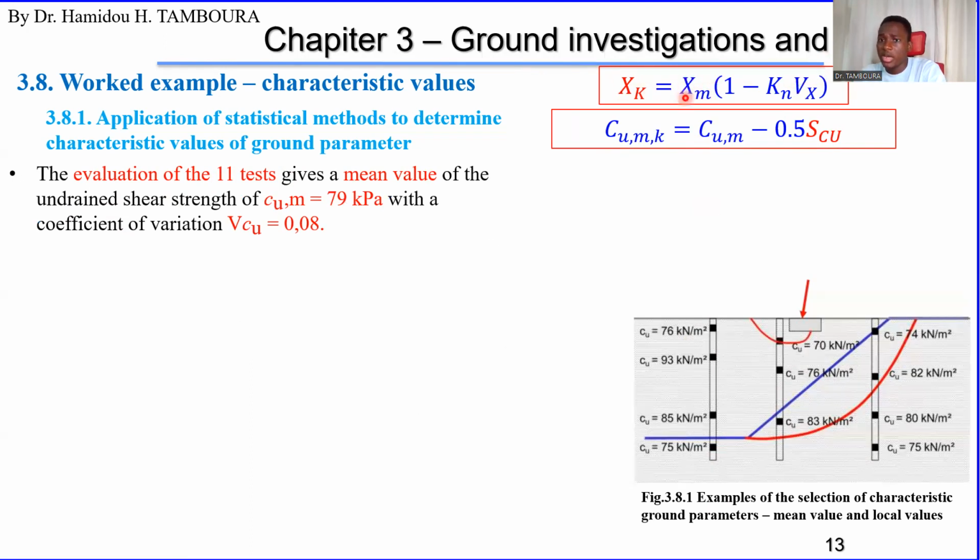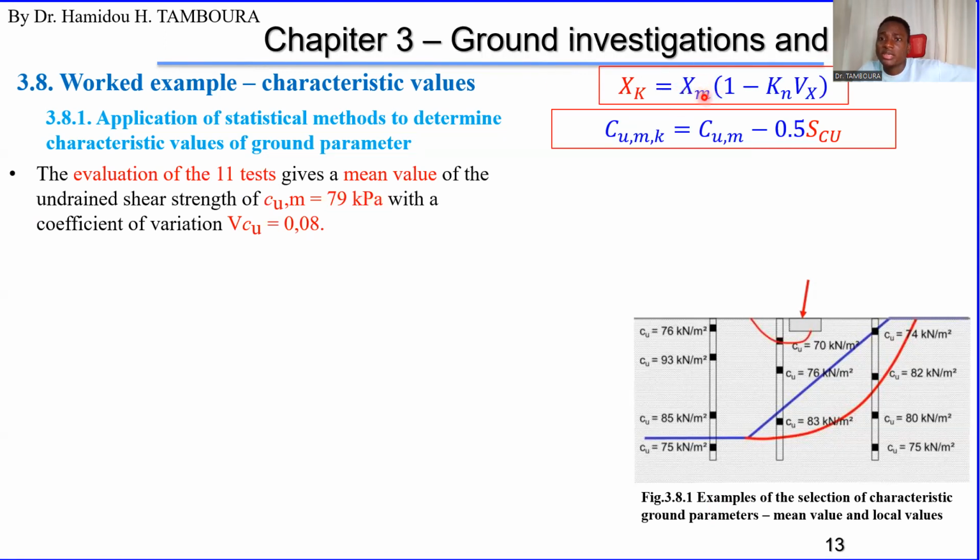We need the average, the mean value. Okay. So if you add all the 11 values here in total and you divide by 11, you will have the mean value, which will be 79 kPa. So it means the average undrained shear strength CU, CUM, M means mean, is 79 kPa.